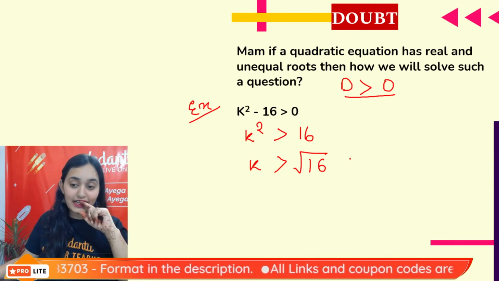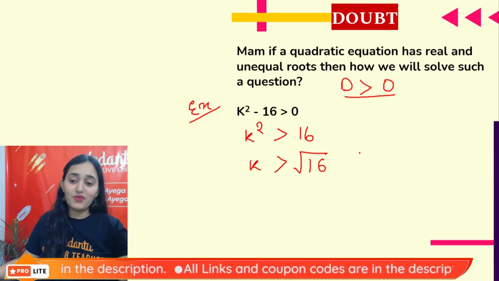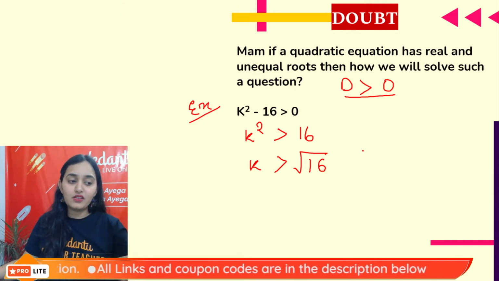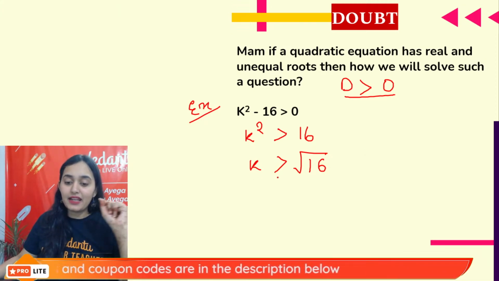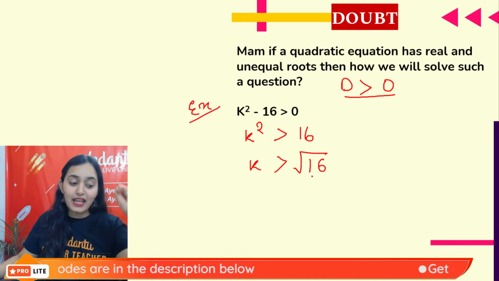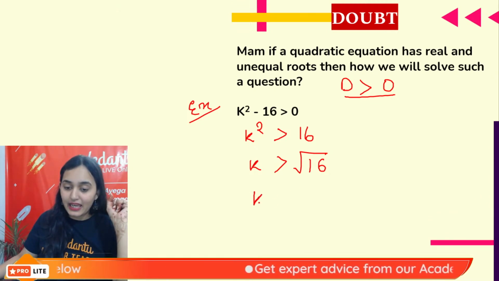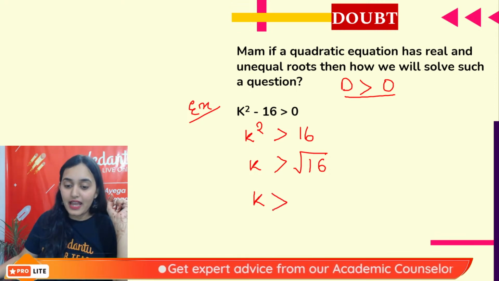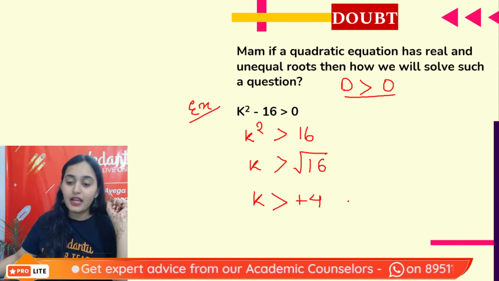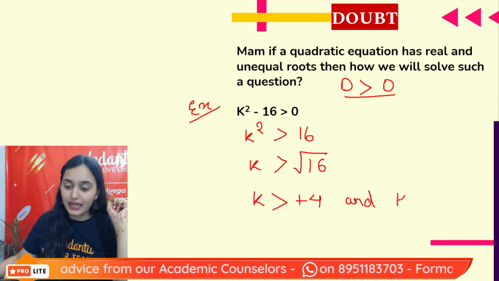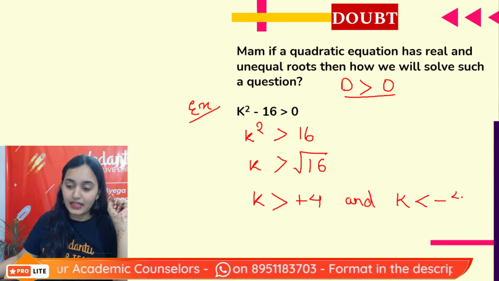So we will write it as not k equals to 4. It will be k greater than root over 16, and the final answer will be written as k greater than plus 4 and k less than minus 4.